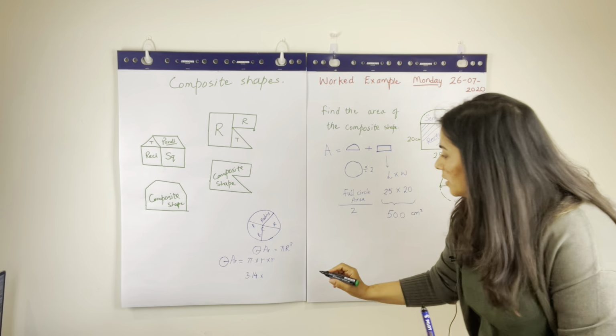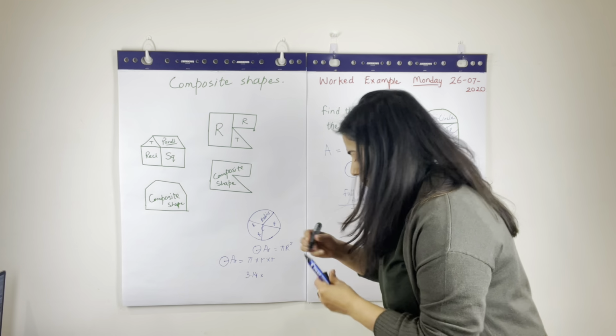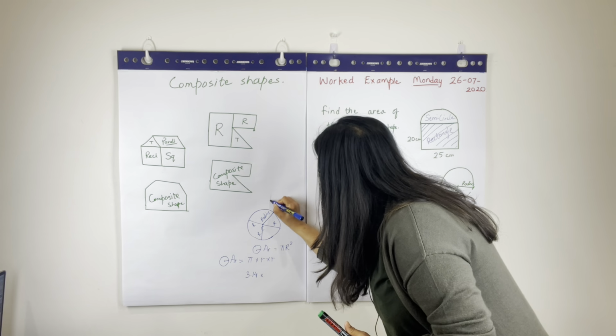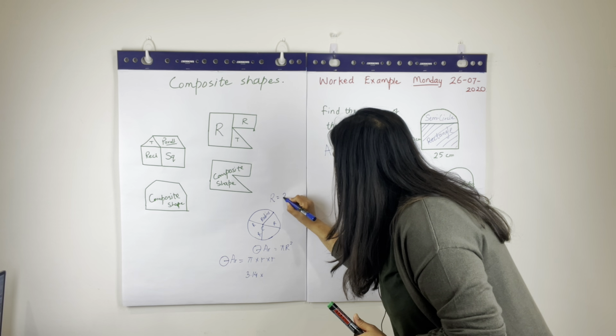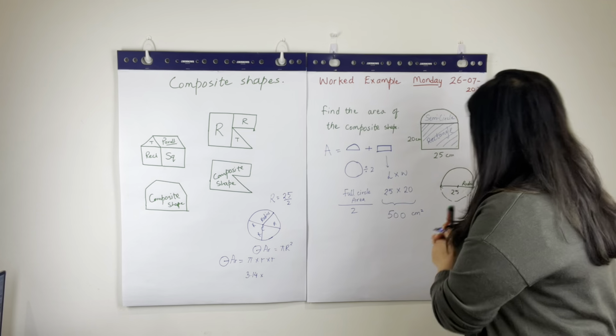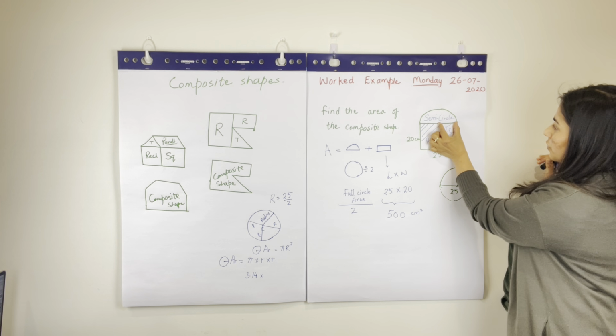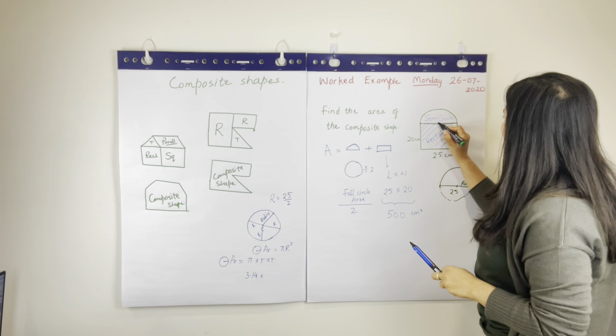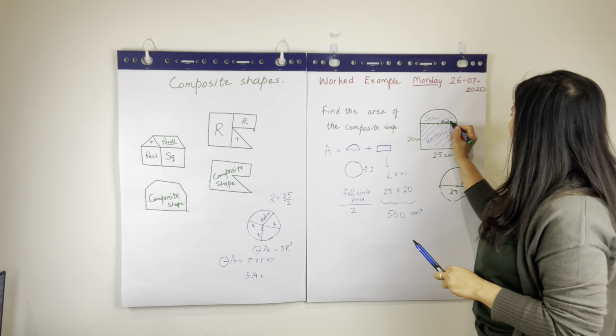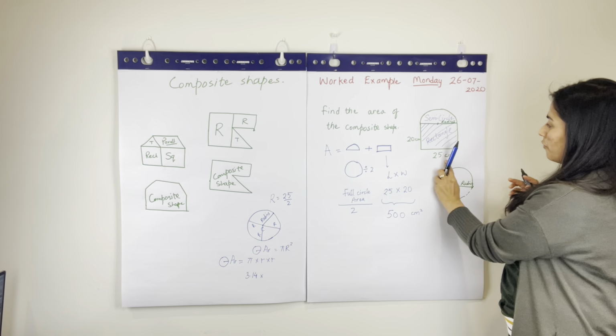That means your radius is actually half of 25, because this entire thing is 25. So that's 25, that's 25, but radius is only this much. So that's the radius, and that's half of 25.